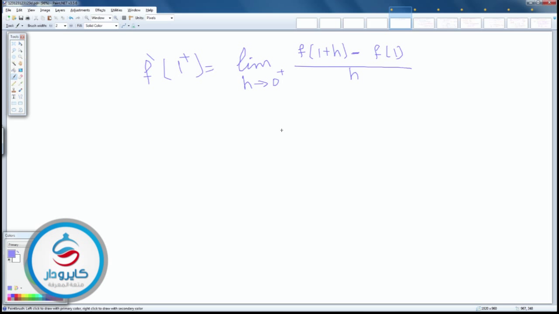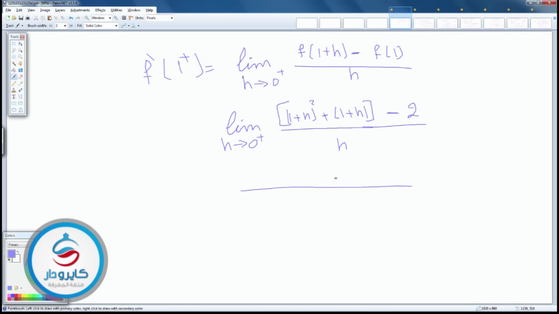Let's be careful about where we do the substitution. It will be the limit as h tends to 0 of f of 1 plus h, which is 1 plus h power of 2 plus 1 plus h, minus 2 over h. Let's make the expansion.